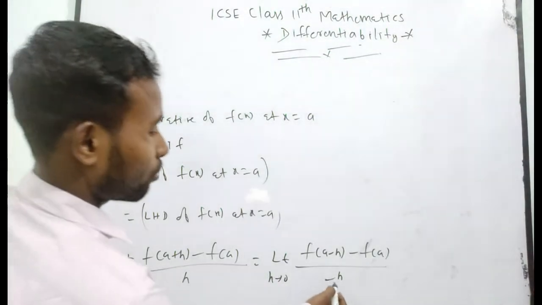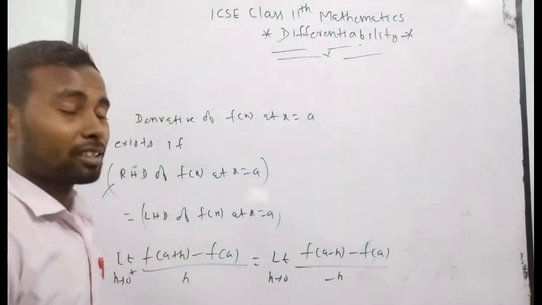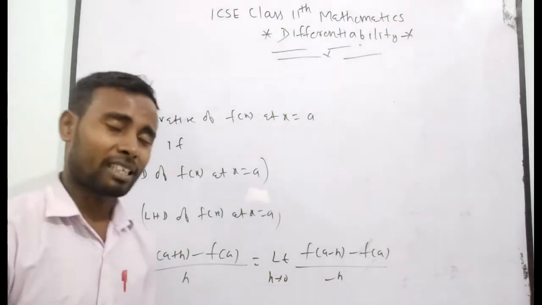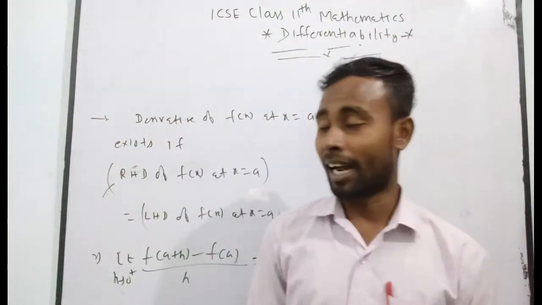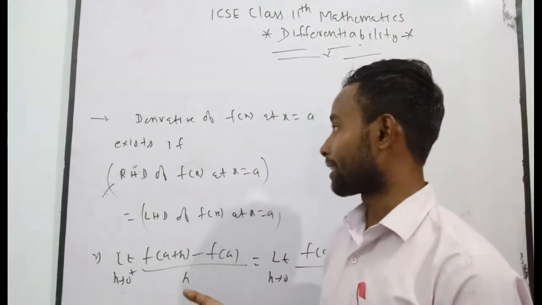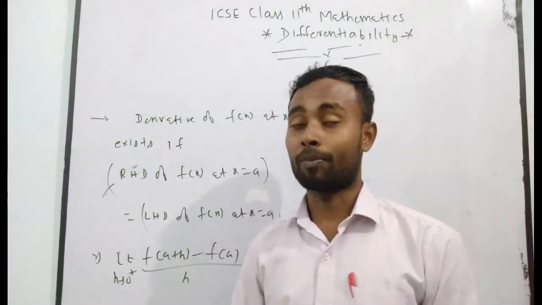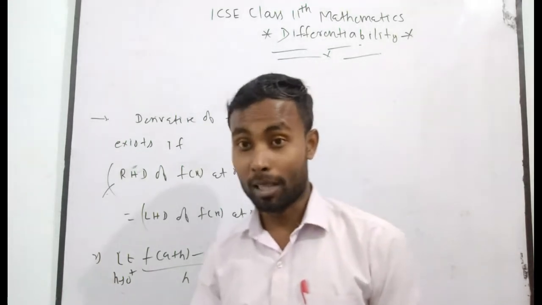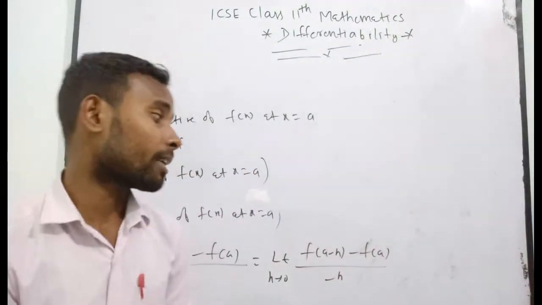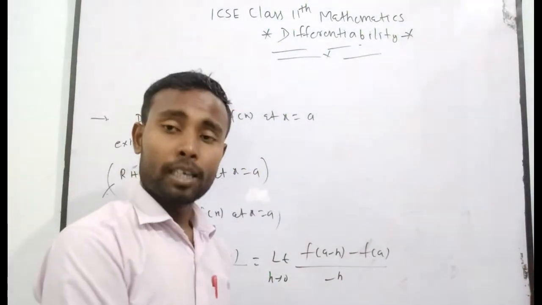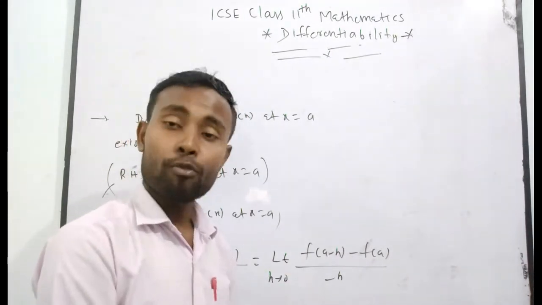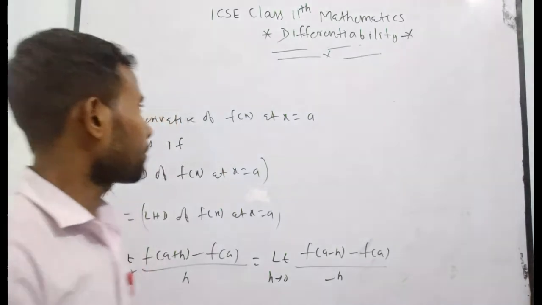But when they give you a function with some arbitrary constants on the left hand side and right hand side, and say the derivative of the function exists, you have to find the value of those constants. In that case you find the LHD as well as the RHD and equate them. Then you can easily find the value of the arbitrary constants. This is the simple way.